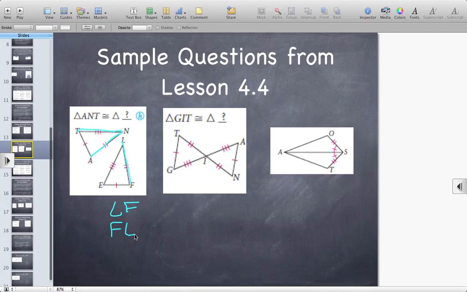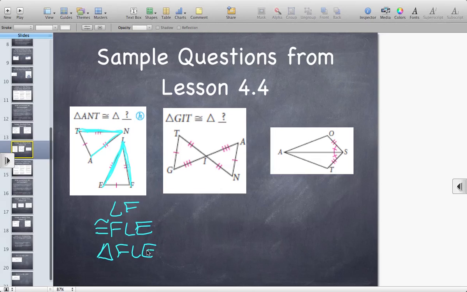So then the next one would be NT, and NT has 3 congruent markings, so that means LE would be the next one. So our order for naming it to make sure that it matches up would be, we need to go in order of FL to E. So FLE is the name of the triangle that is congruent to triangle ANT.